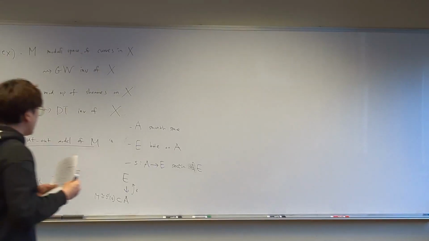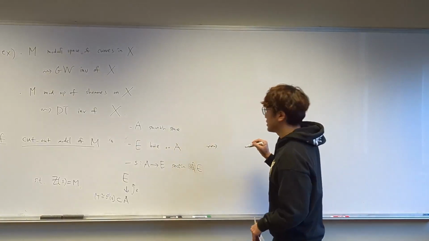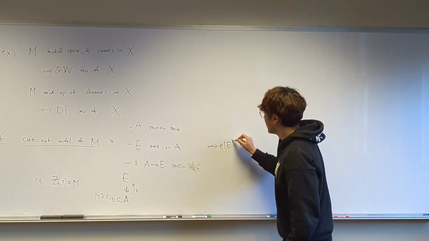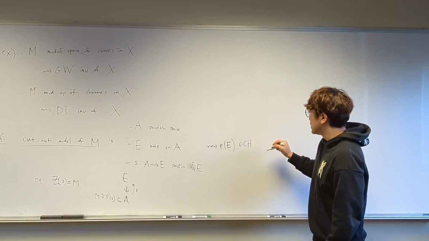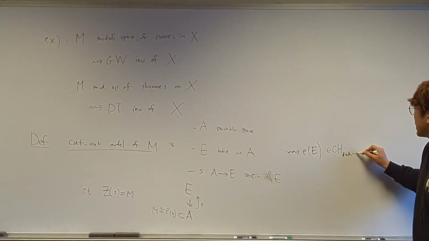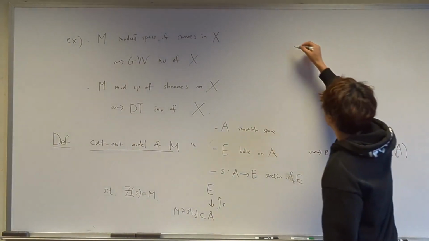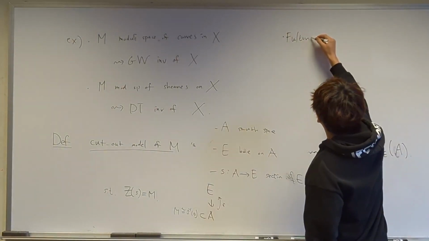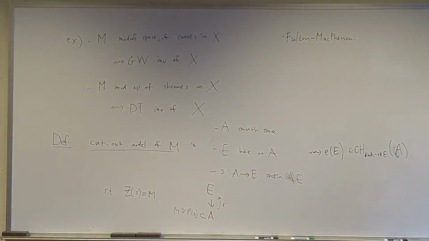So this bundle on A gives rise to the Euler class of E. This is a class inside the Chow group of dimension dim A minus rank E of A. Then Fulton-Macpherson constructed a class.